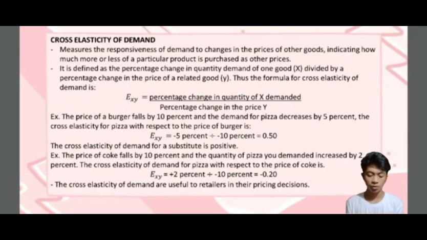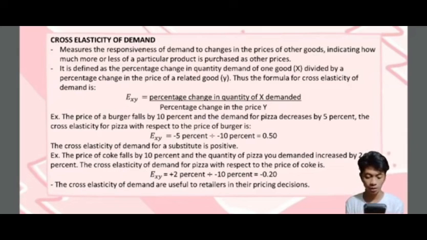The cross elasticity for pizza with respect to the price of burger is negative 5% because that is the percentage change in the quantity demanded. The demand for pizza decreases by 5%, so we put negative 5% here because it decreases, so negative 5% divided by negative 10%, because the price falls, negative 10%.